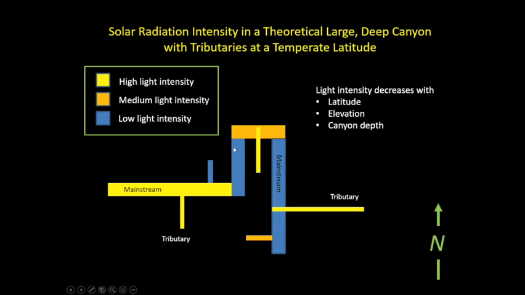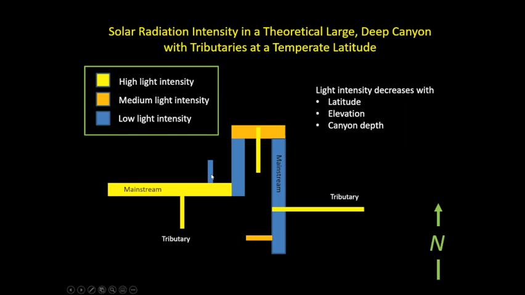Sections of the river that are flowing either north or south do receive sunlight if the sun angle is high enough. They'll receive sunlight in the summertime, but during the winter, they're going to be locked in shade. Tributaries coming into the canyon, if they're coming in from the south, can bring in a great deal of sunlight, even in shaded regions.